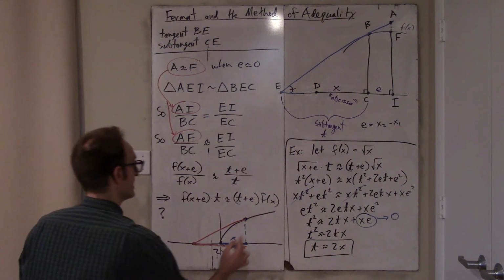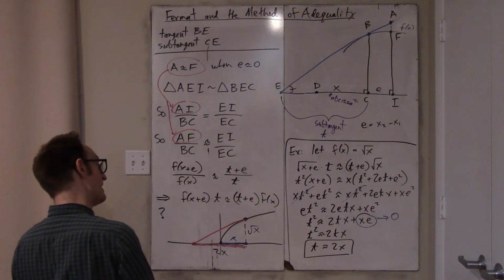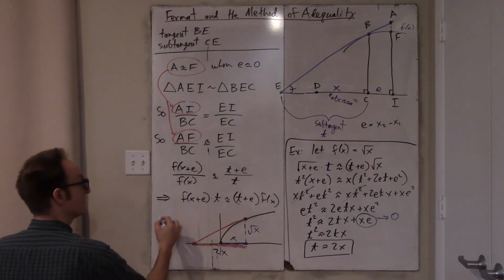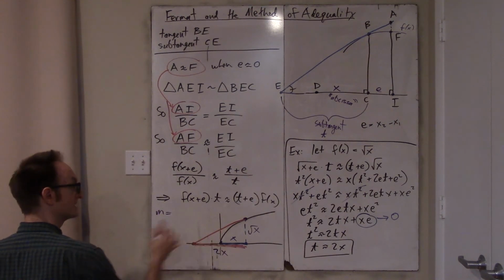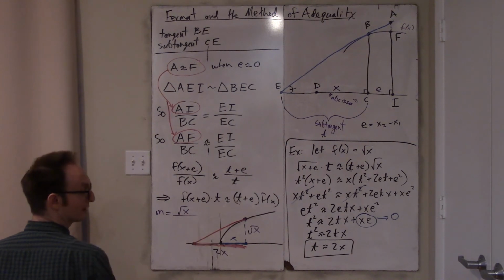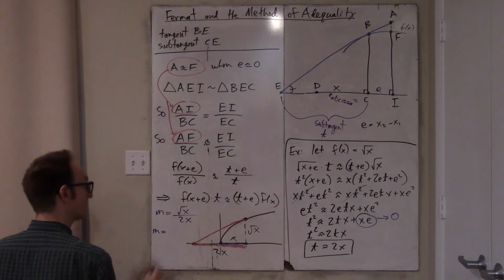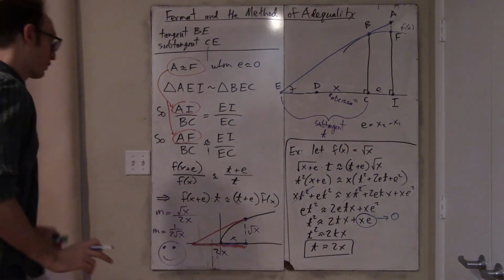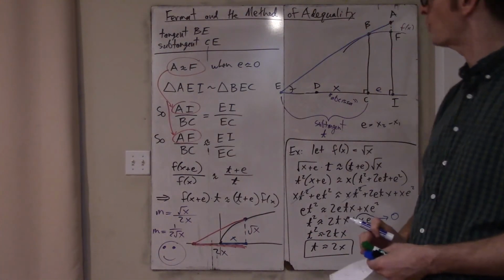That's x, and this is root x. Oh yeah. So in modern terms, the slope of this tangent is root x over 2x. In other words, the slope is 1 over 2 root x, which is exactly the well-known modern formula for the derivative of the square root function. It's 1 over 2 root x that gives the slope of that tangent.